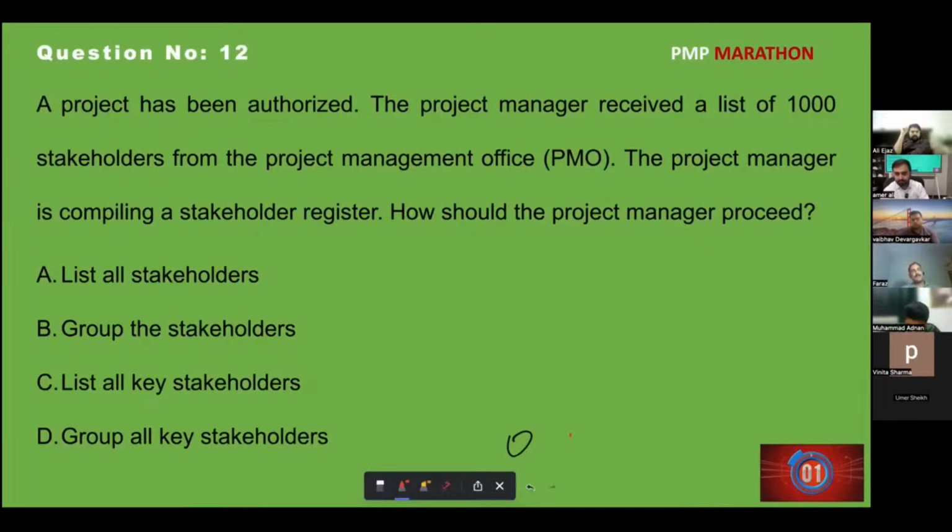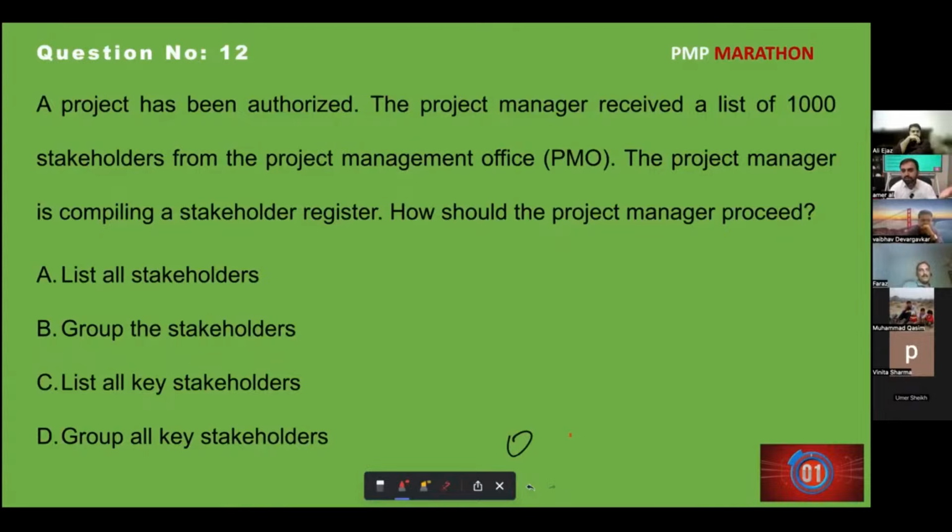Ali, is it clear? You can say yes or no with the head. The right answer is B. List all stakeholders is nothing. You put all the stakeholders in the stakeholder register. You already have a list of it. The question says you received a list of 1,000.